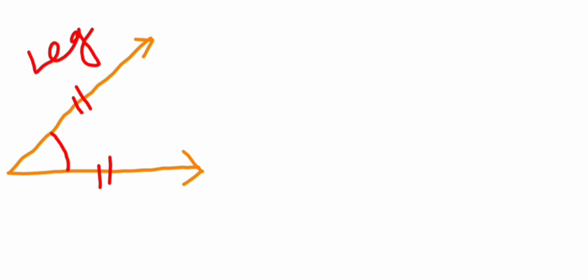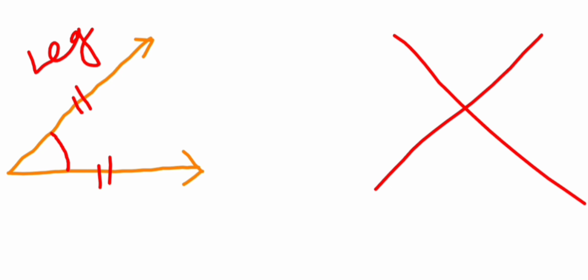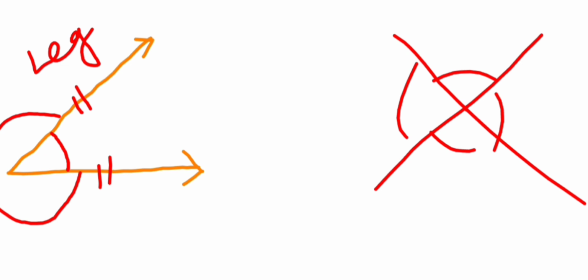Basically here two angles are created. Whenever two lines meet at a single point, some angles will be created, and here two angles are created. We have discussed this earlier.